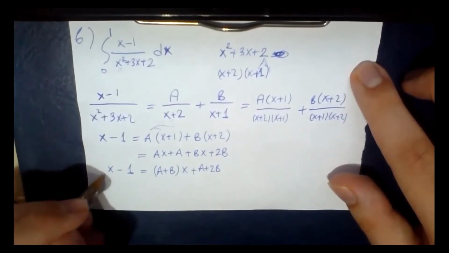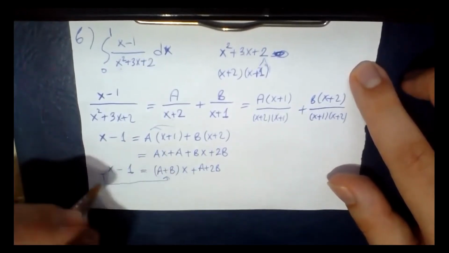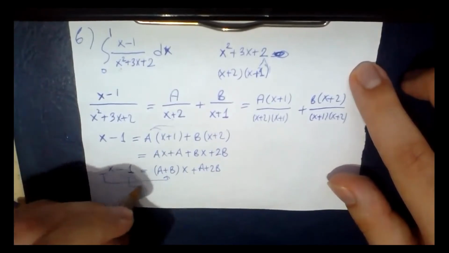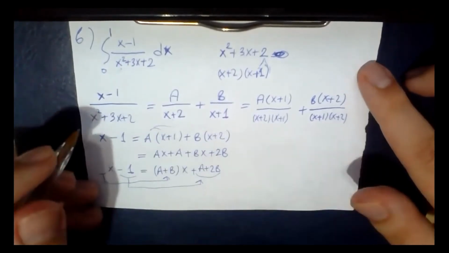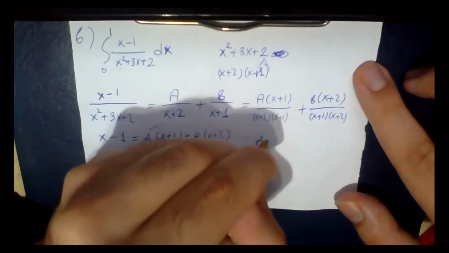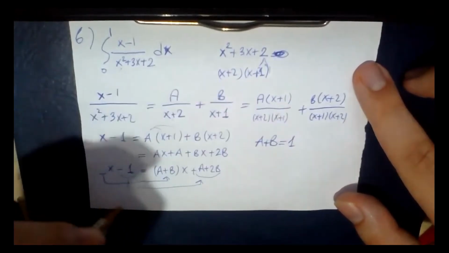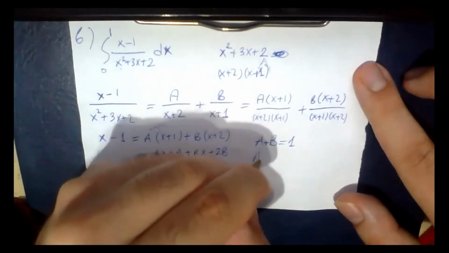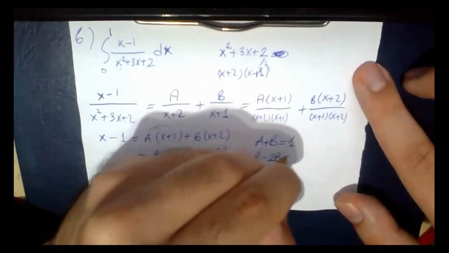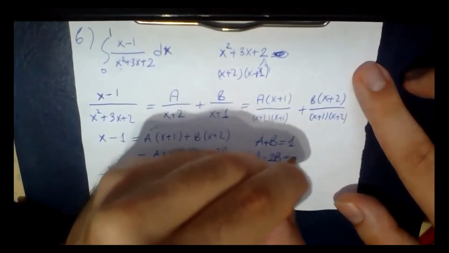Then the coefficients of x should be equal to each other, and the constant numbers should be equal to each other. From here we have two unknowns and two equations. a plus b is equal to 1 and a plus 2b is equal to minus 1.